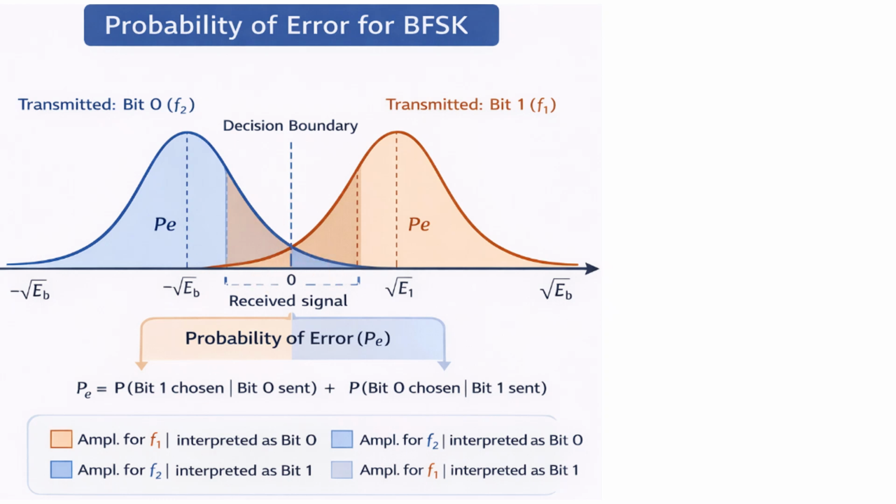If we look into this region, you have sent the data bit 0, but in this region you are going to detect 1. The probability is low, but there is a chance that you will get the data 1 even if you have sent bit 0.